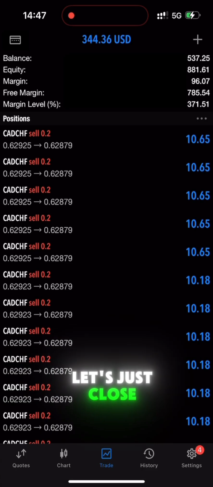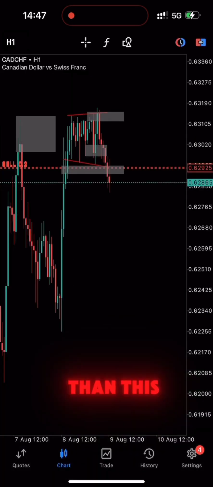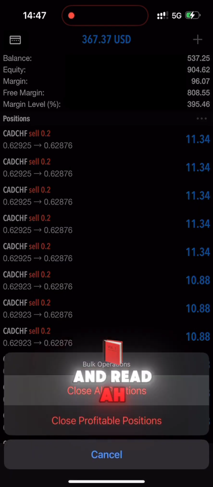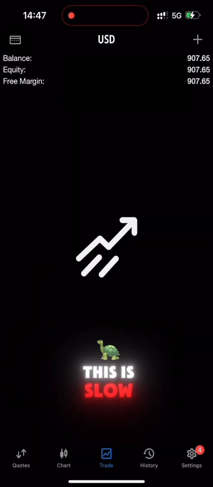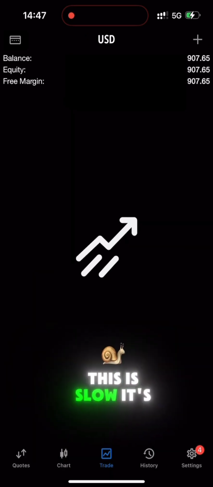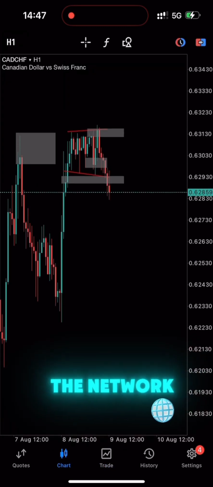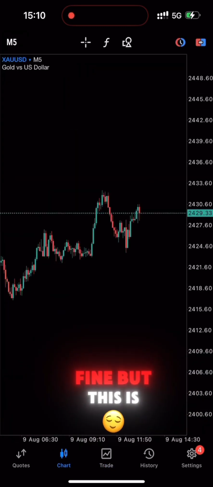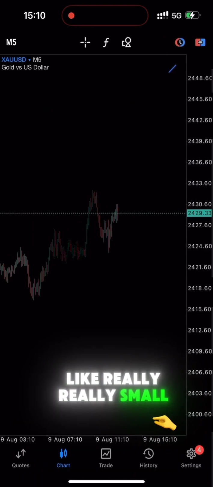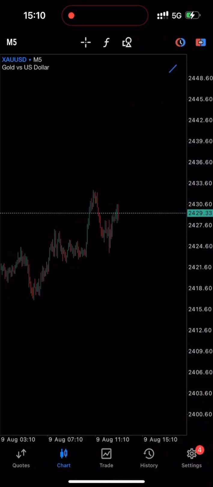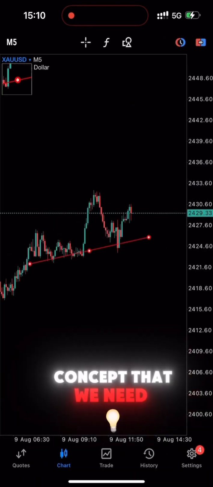We can't get any more than this. Like, we're begging for 800. This progress is slow. It's like it's being caused by the network, but the network is fine, but this is super slow, like really small. It doesn't understand the concept that we need the money.